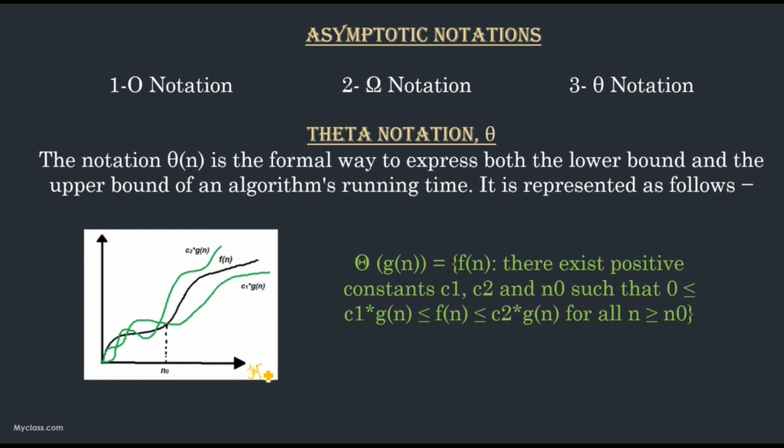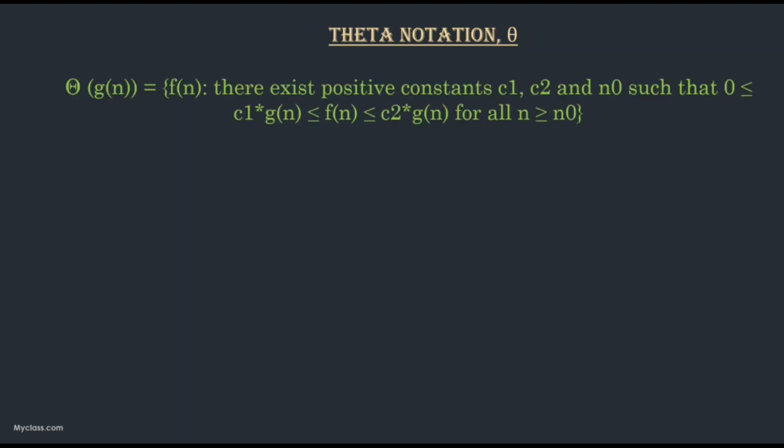So this is our input direction, the input value, and this is for time. We can find a value n0 and two constants c1 and c2 such that for the same function g of n, we can say that f of n lies between c1 into g of n and c2 into g of n. Let's take an example.